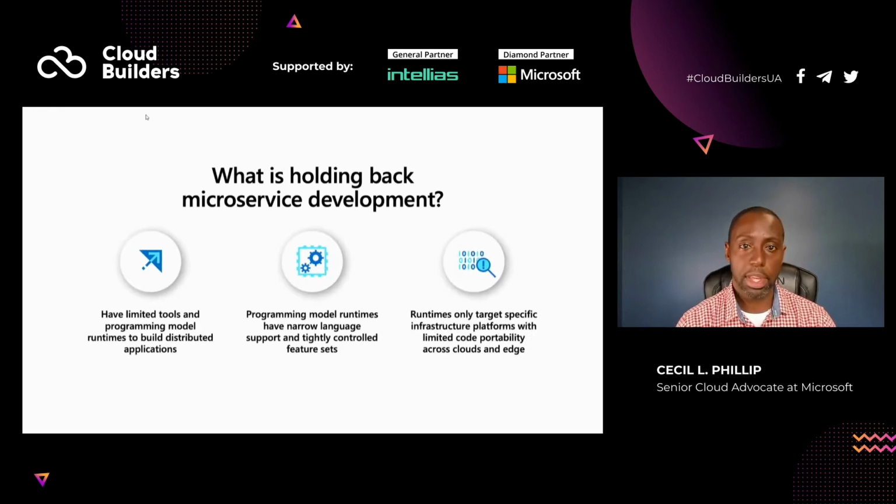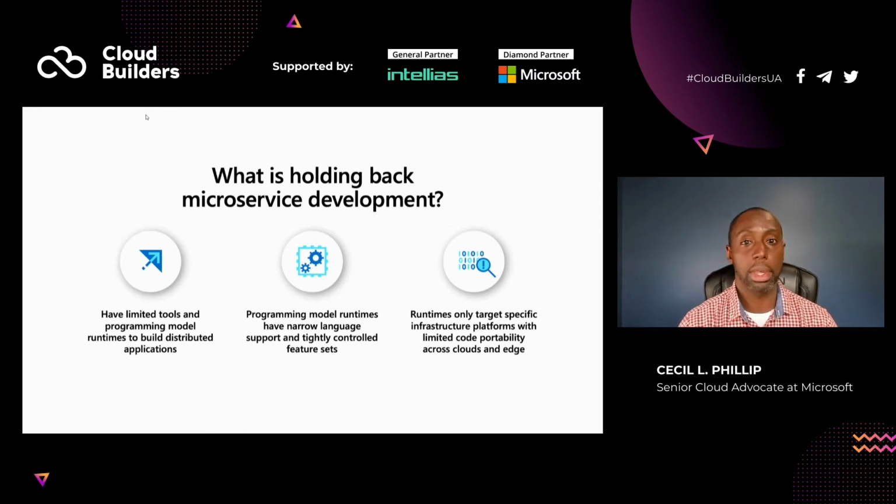So what are some of the things that really hold developers back, in our opinion, from doing some of these things? Like I mentioned before, you have to think about what exactly are the things that I need to use. How rich are the tools within that ecosystem? For instance, I might have a Python app or a .NET app or a Java app, and maybe one might have better support for the logging framework I want to use. One might have better support for open telemetry.